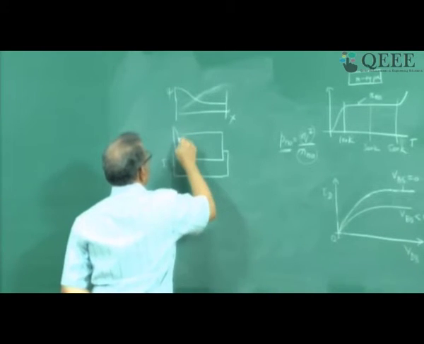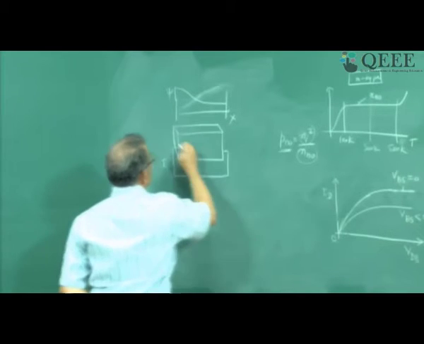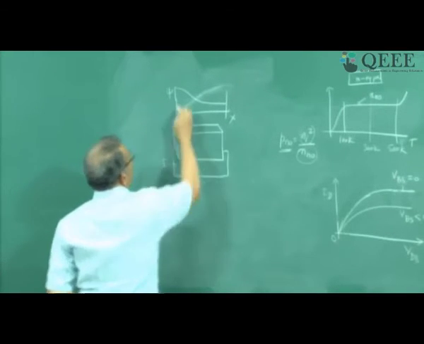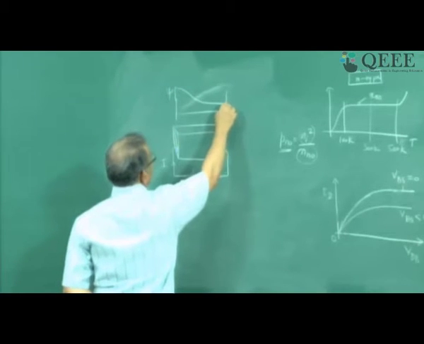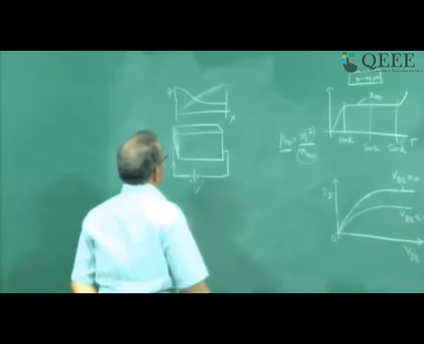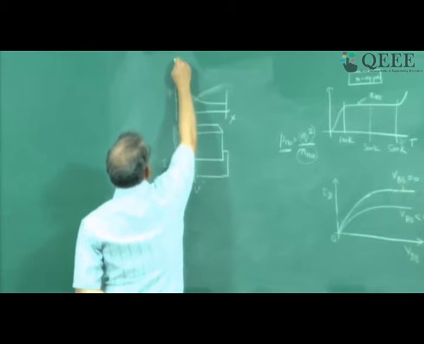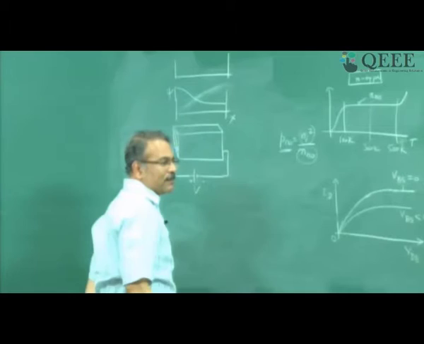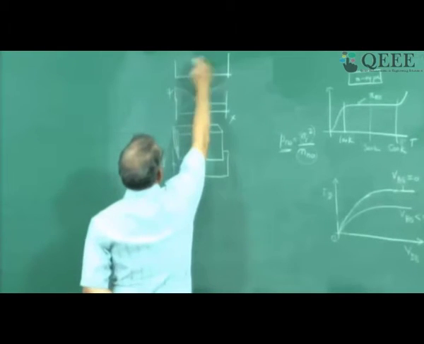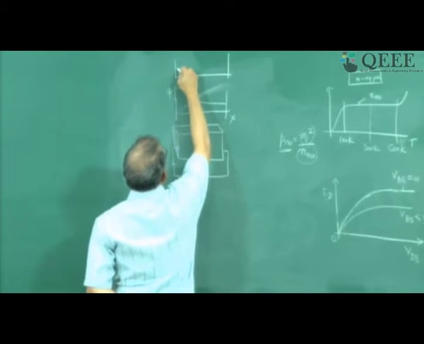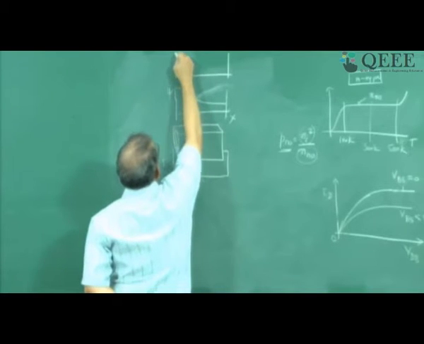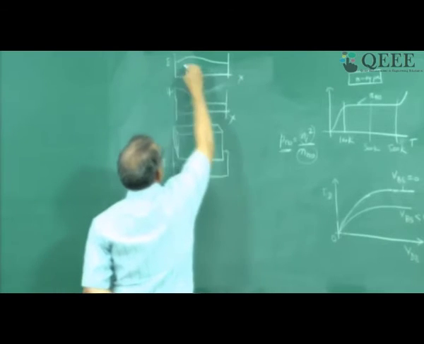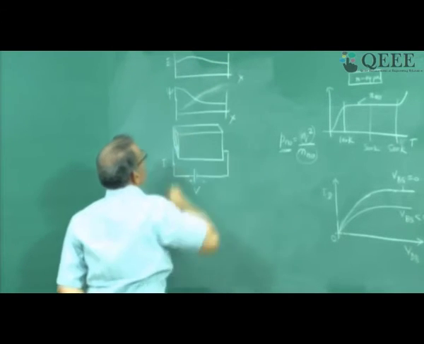Then by integrating the current density over the area, you get this current, and by integrating the potential over distance, I am sorry, you have the field. By integrating the field, so the field may be something like this. So this is E versus x. So by integrating this field, you get the potential.